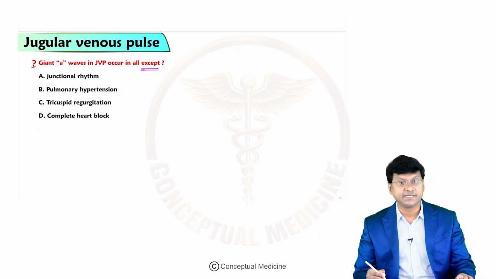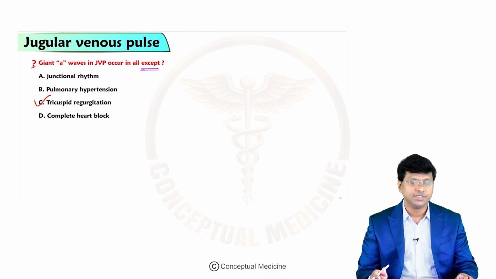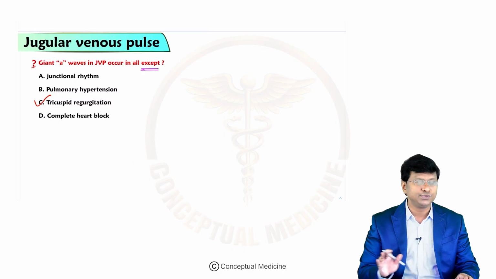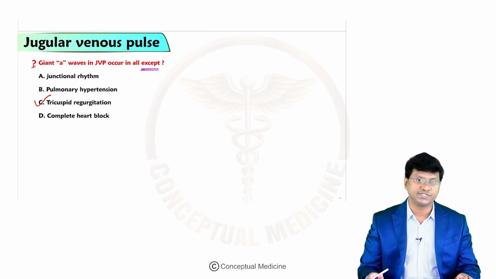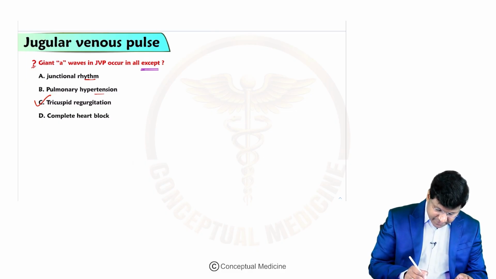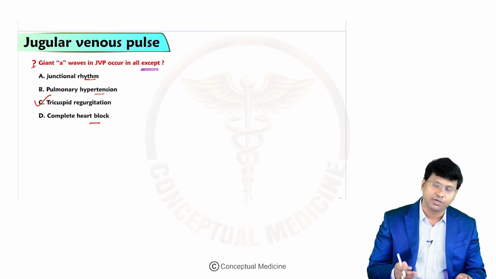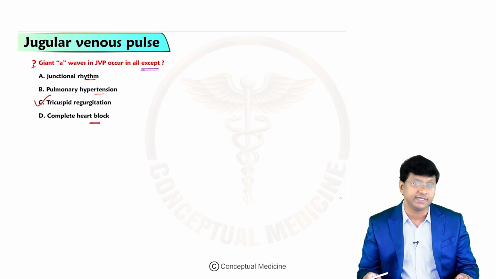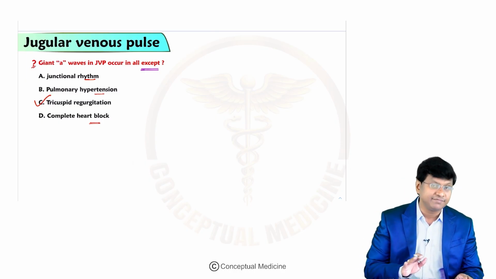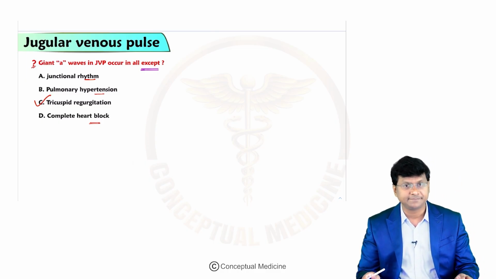So the answer in this particular clinical condition is tricuspid regurgitation. In tricuspid regurgitation, you don't have the presence of the giant A wave. Whereas in junctional rhythm, pulmonary hypertension, and even in the early stages of complete heart block, you can have the presence of the giant A wave. And you don't have that giant A wave in case of tricuspid regurgitation.